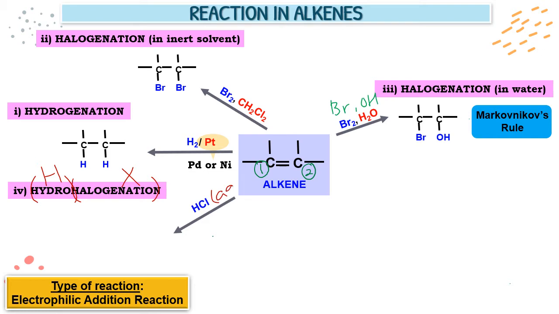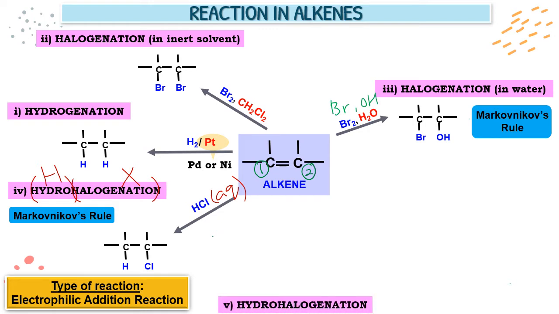So to put the hydrogen, we're going to add the hydrogen first. Which rule are we going to follow? The Markovnikov rule just now. The hydrogen will go to the carbon with more hydrogen, while the chlorine will go to the next carbon. This is just a general one. When you have a real compound, you need to follow accordingly.